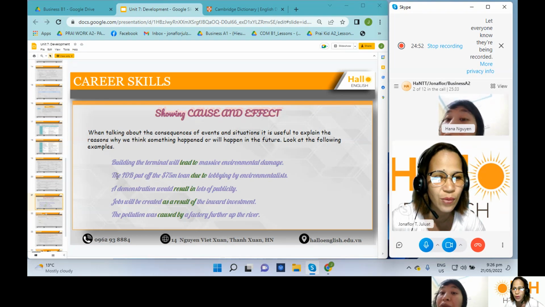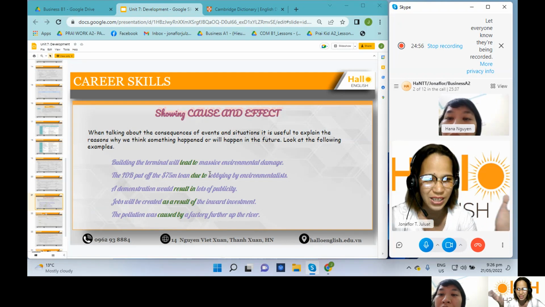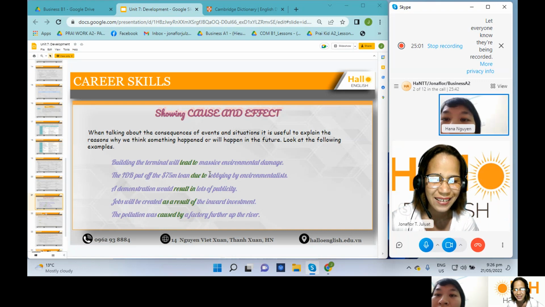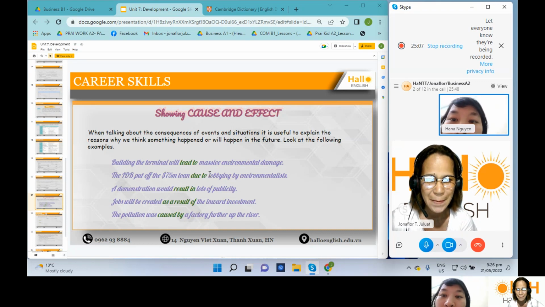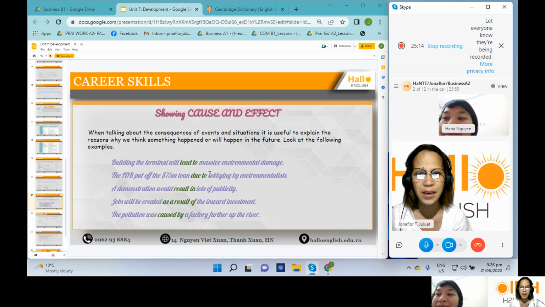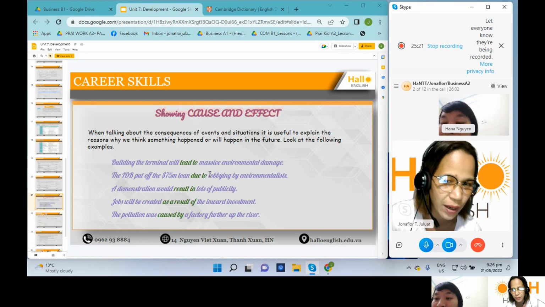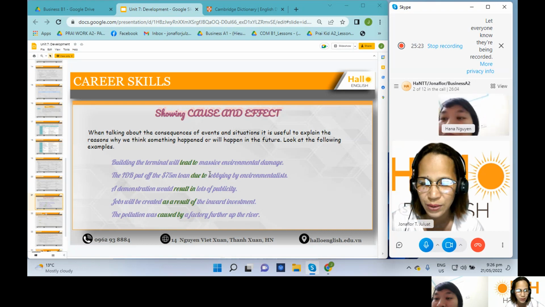Which is the cause and which is the effect? The cause is the lobbying by environmentalists. The effect is the IDB put off the $75 million loan. Okay, good.